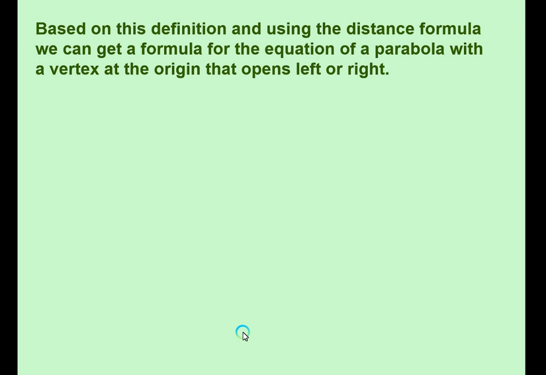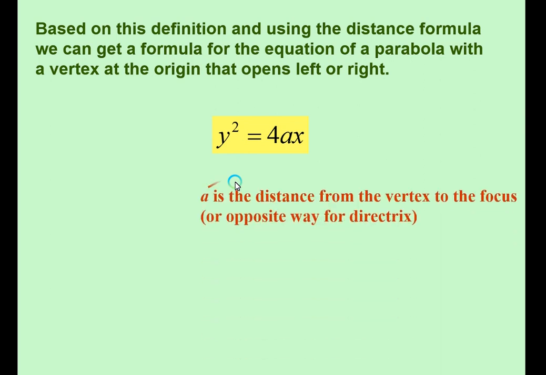Based on this definition and using the distance formula, we can get the formula for the equation of a parabola with a vertex at the origin that opens to the left or to the right. Take note that if we are considering an equation opening to the left or to the right, your y variable should be squared.